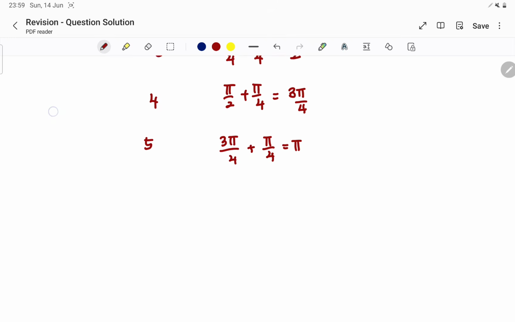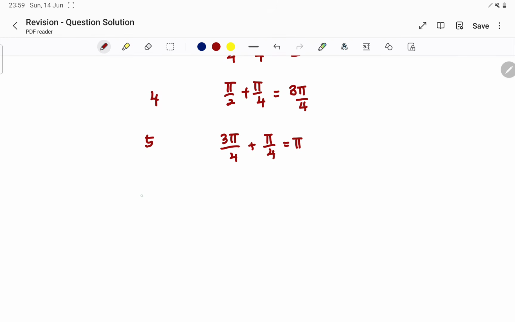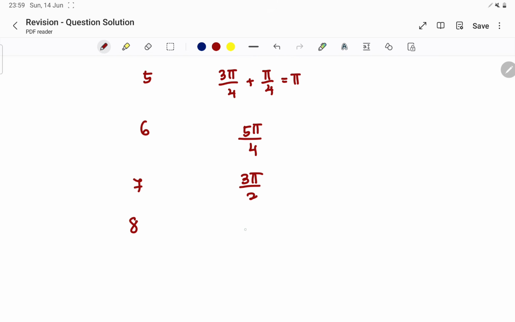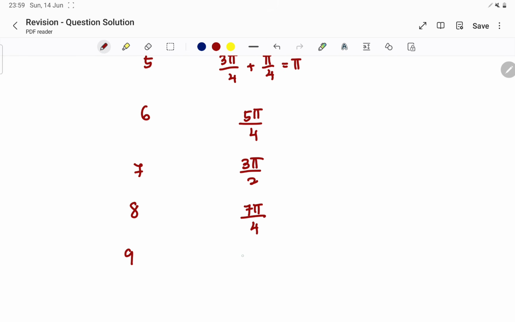So you keep adding the value of h for each i. When i is equal to 6, you get 5 pi over 4. When i is equal to 7, you get 3 pi over 2. When i is equal to 8, you get 7 pi over 4. When i is equal to 9, you get 2 pi.